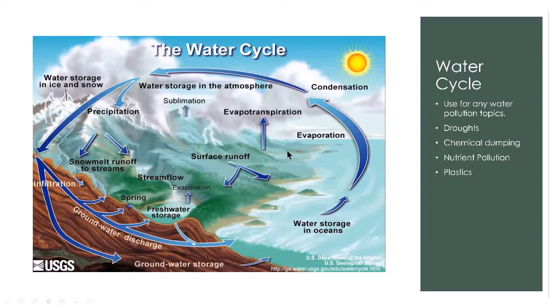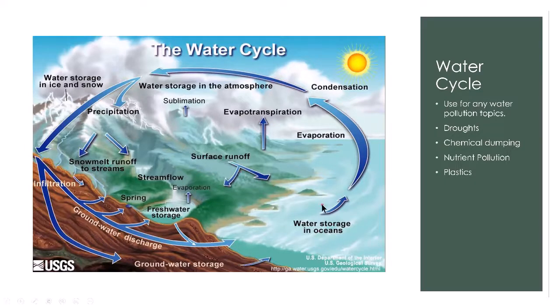So for instance, let's say your topic is about how fertilizer on the land is getting into the ocean, okay? So you would say the water cycle is being impacted because fertilizers are on the land and they are running off into the ocean, and as they run off, they are creating pollution for local people and animals whenever they drink that water.